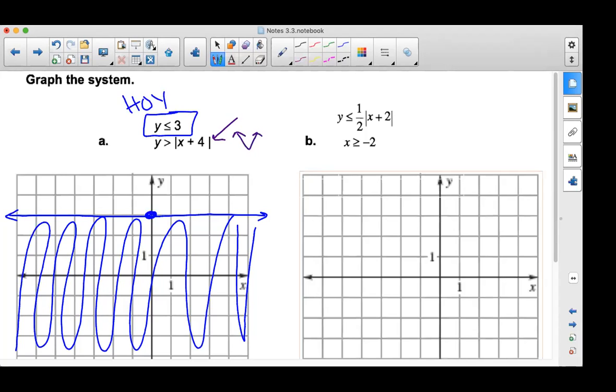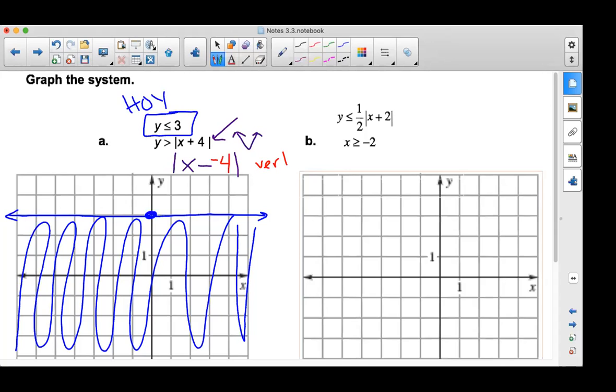We have to remember where to move this graph. Where is its vertex? And remember, that's this part inside. The general equation is x minus, and then because this is a plus 4, it's really minus a negative 4.